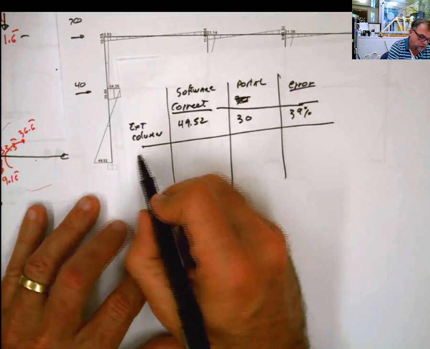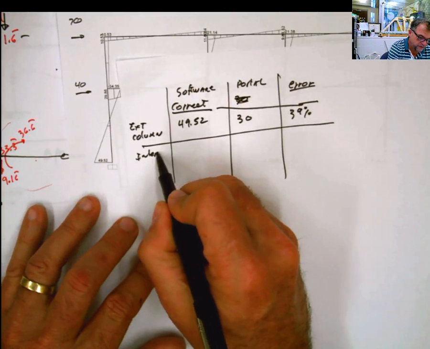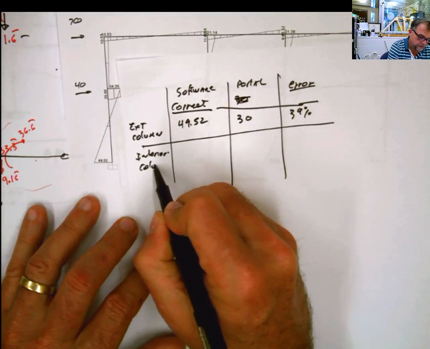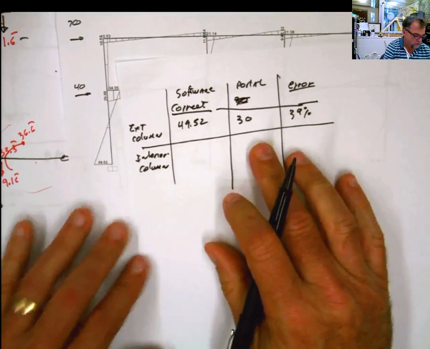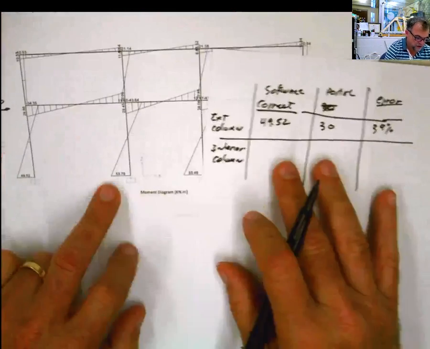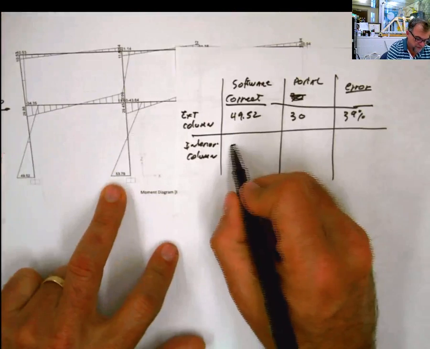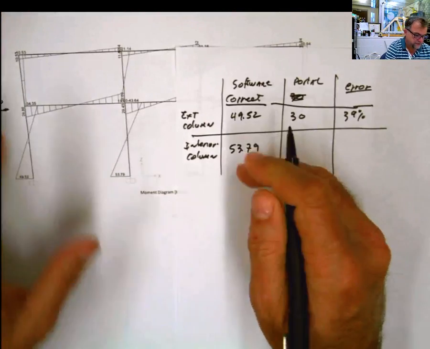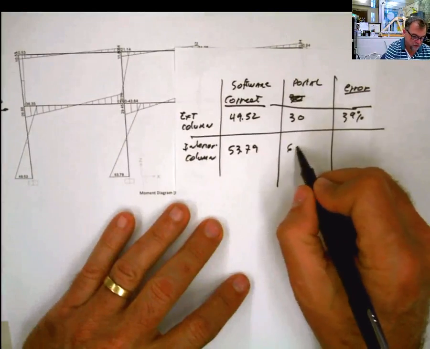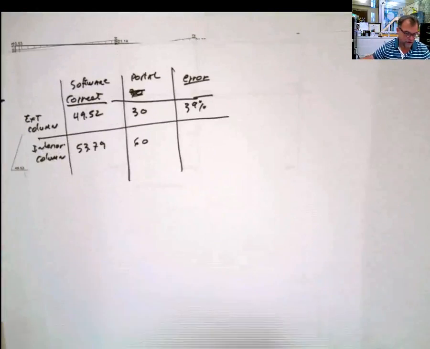Now, if you talk about an interior column, let's talk about this one here. The software gives 53.79 and our value is 60. So you can see the error already there is nothing.